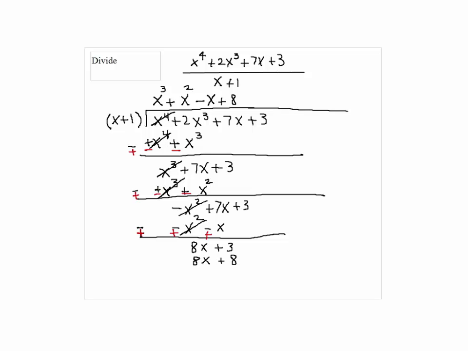The remainder would be 7x plus 1x would be 8x plus 3. And we say what times x give you 8x would be plus 8. 8 times x would be 8x. 8 times 1 would be plus 8.